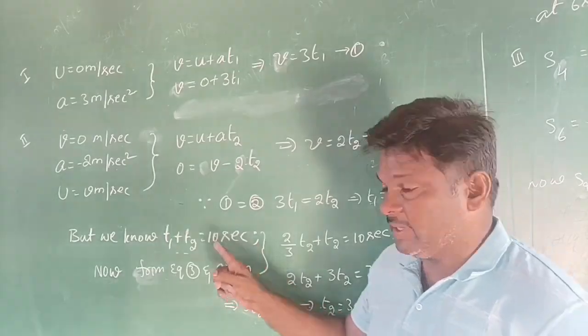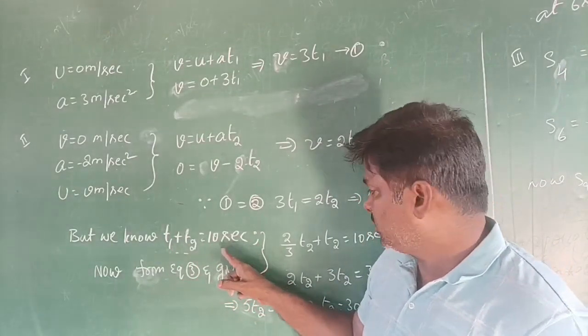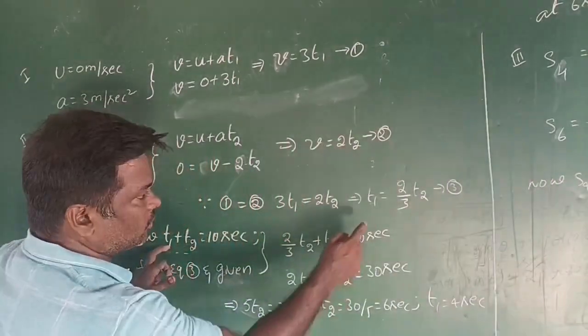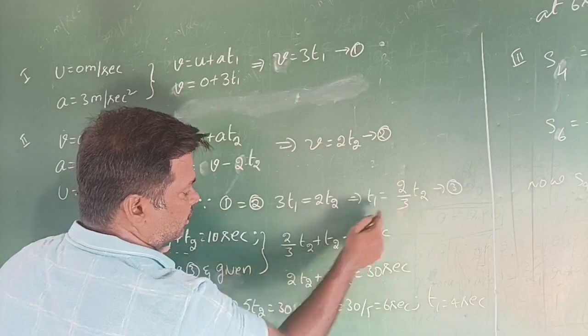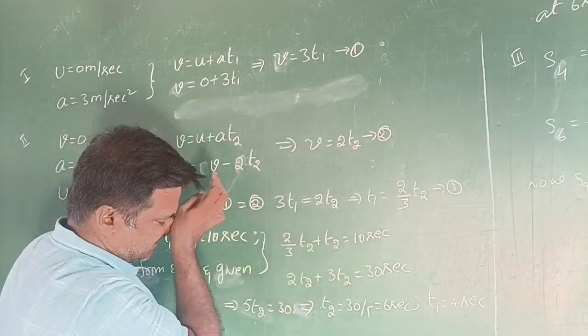What is given: t1 plus t2 is equal to 10 seconds. Instead of writing t1, you can write 2 by 3 t2. 2 by 3 t2 plus t2 is equal to 10 seconds.